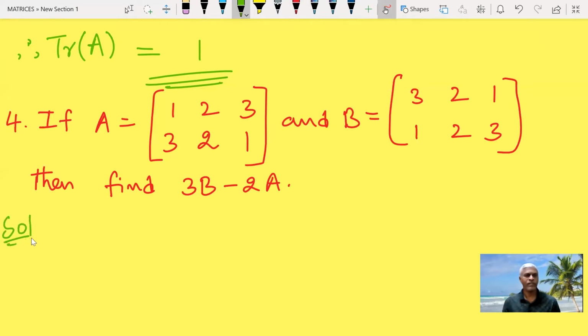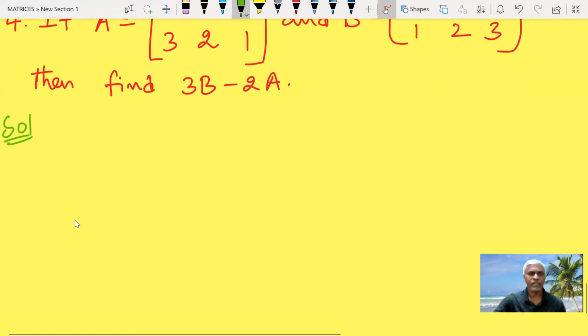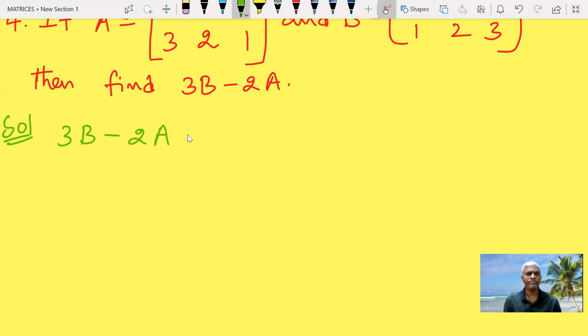So this is the last concept from the previous class. 3B. So 3 is a scalar, B is a matrix. So we are multiplying the matrix with a scalar number. Now let us write 3B minus 2A.